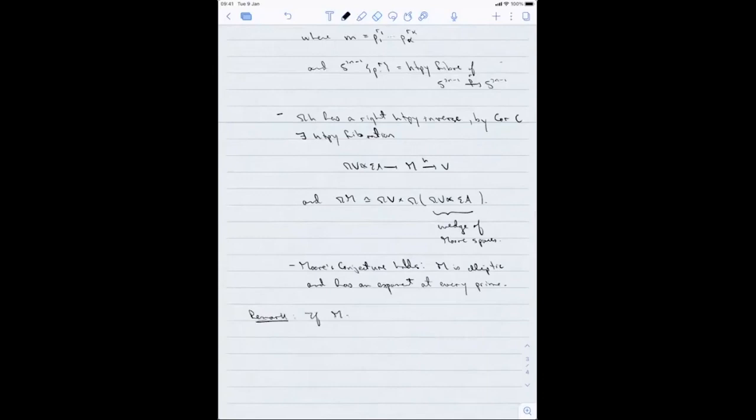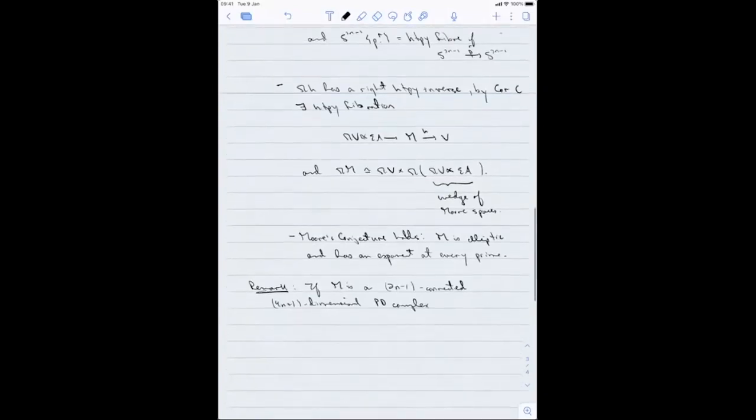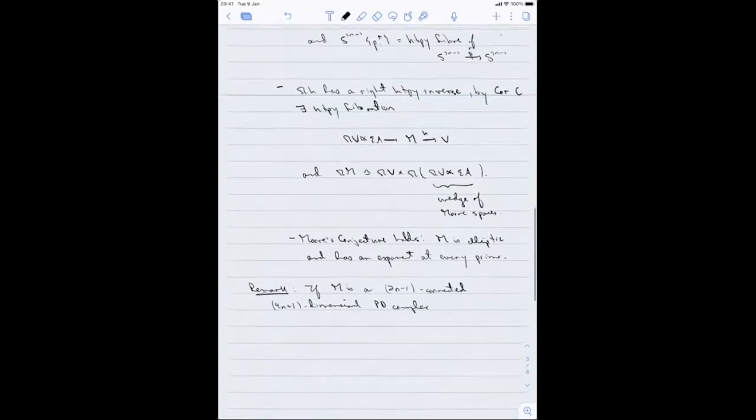If M is a 2n minus 1 connected, 4n plus 1 dimensional Poincaré duality complex, again its n minus 1 skeleton would only have cohomology in degrees 2n and 2n plus 1.